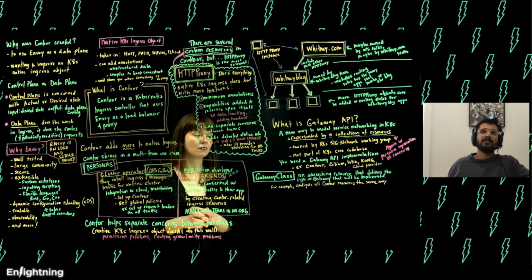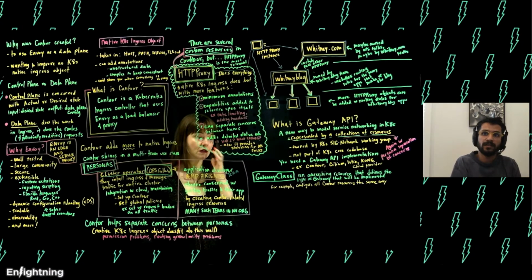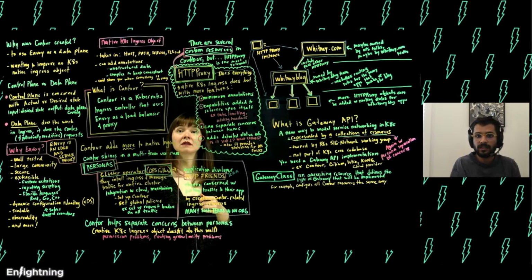So that gives the infrastructure provider persona the ability to provide that sort of framework, a template almost of what an Ingress controller, or an implementation of a gateway, would look like.